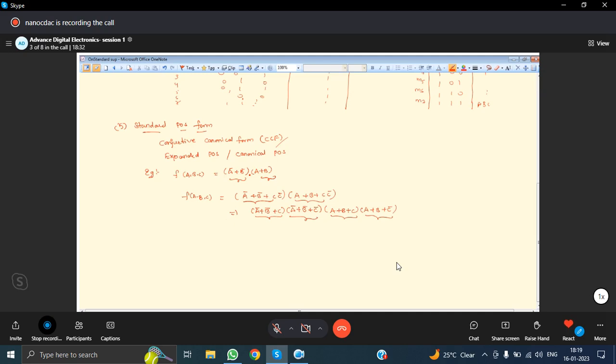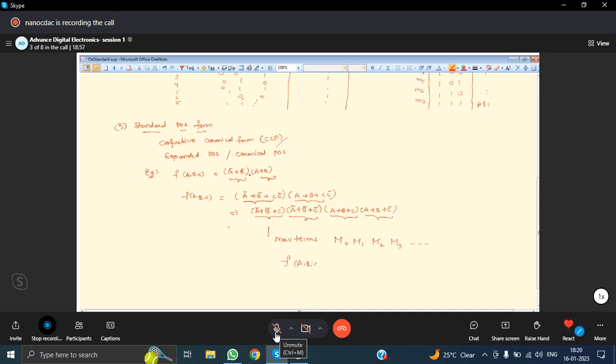These terms are called max terms, represented with capital M: M0, M1, M2, M3, and so on. So how do you represent a function?